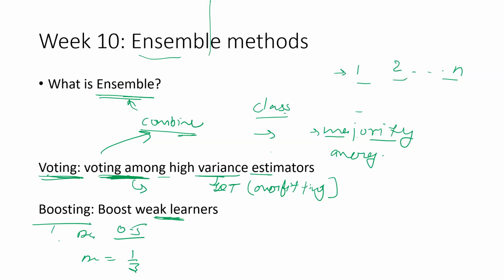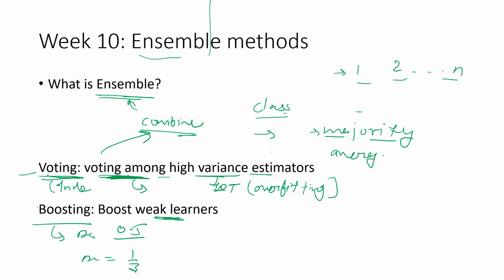But in the case of boosting, you are boosting the weak learner, so it goes in a sequential manner, one after another. So in voting they are learned independently, and in boosting they are dependent on each other, because the next estimator is learned depending upon what error the first estimator has made.